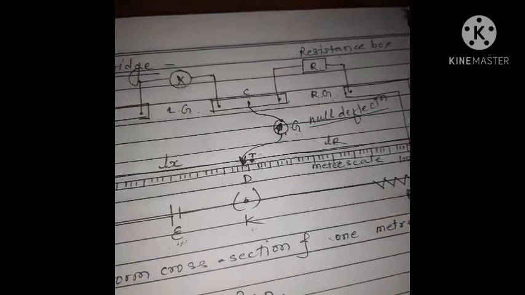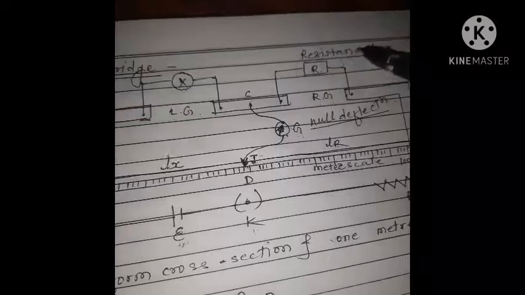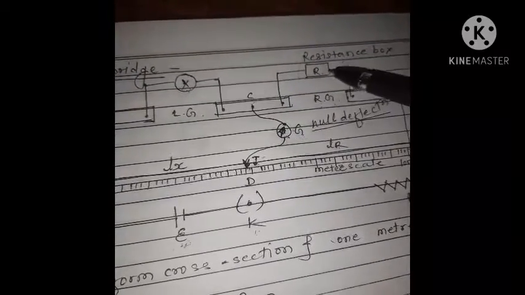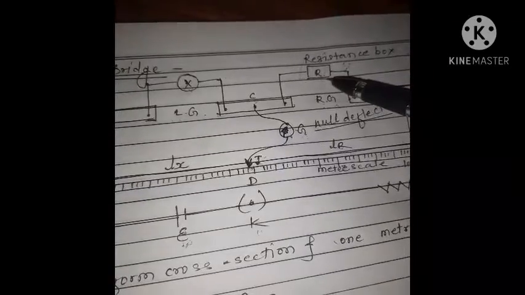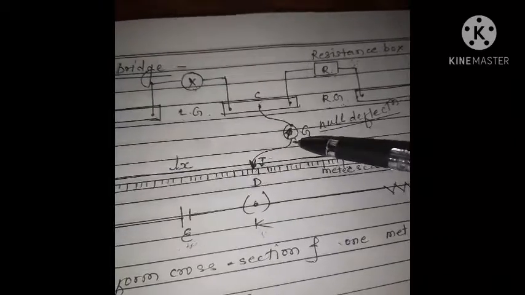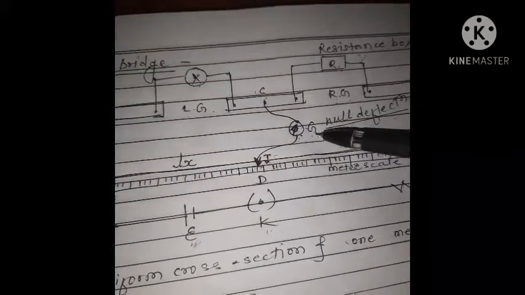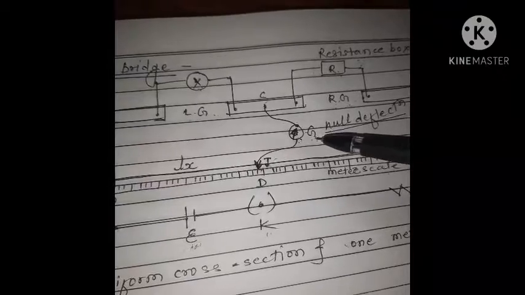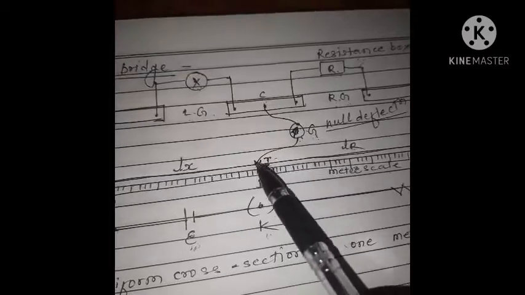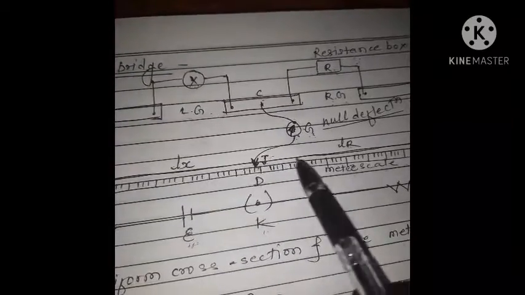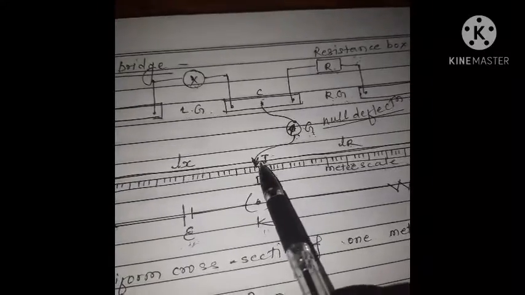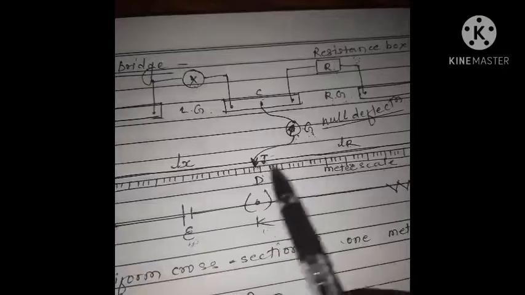Suppose a suitable value of resistance is selected from resistance box R, and now make a connection such that this galvanometer shows zero deflection, that is null deflection. The length of wire AB is called the balancing length. Suppose AD and DB.